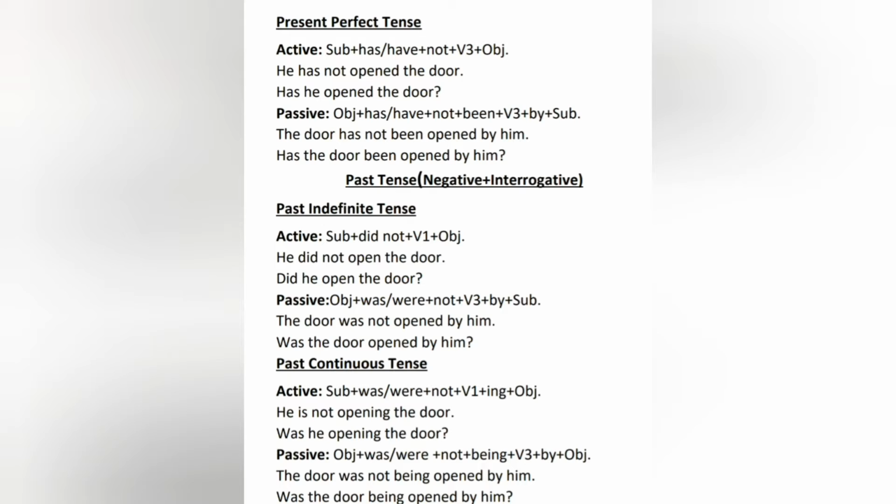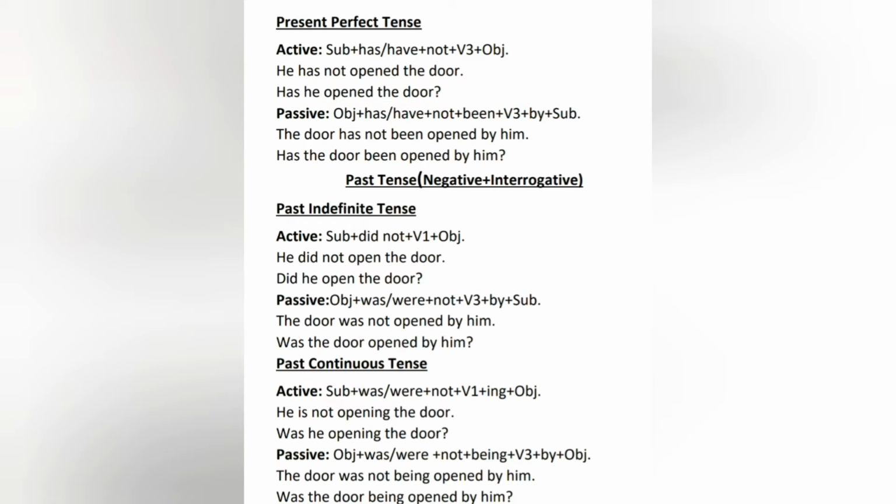The next tense we have is present perfect tense, and the active methodology is subject, has, have, not, with V3 and object. For example, he has not opened the door. And the interrogative sentence would be, has he opened the door?